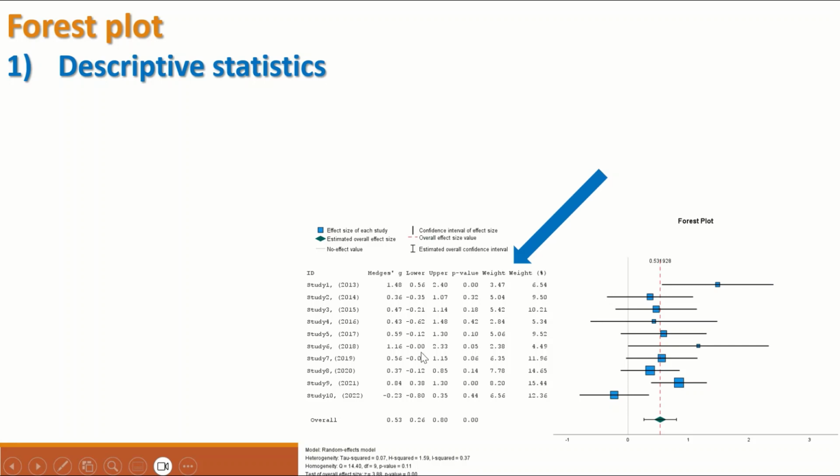The first part is the descriptive statistics, as shown in the plot here generated from SPSS. It shows in the first part the summary for each study.